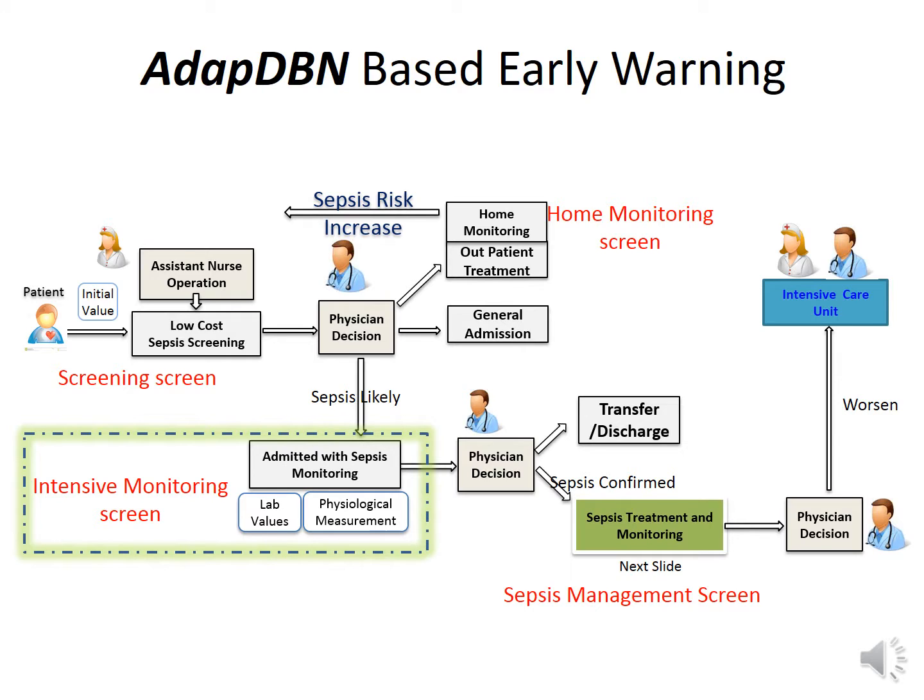We will read those values and the pathophysiological measurements and input them into our adaptive DBN. Then we will automatically evaluate it, get the risk result, and output it to the physician for the decision. If sepsis is confirmed, we will trigger sepsis treatment and monitoring, which is sepsis management.